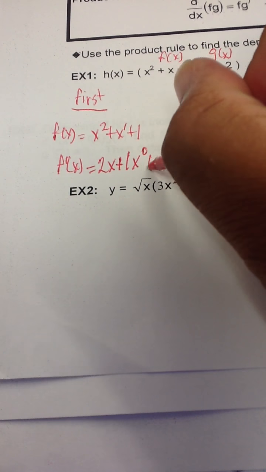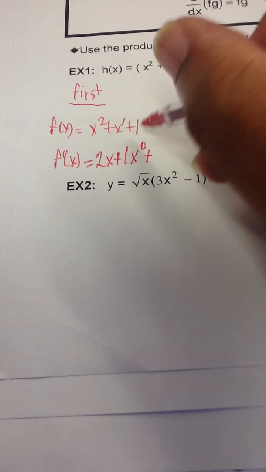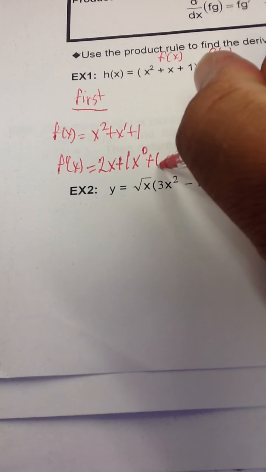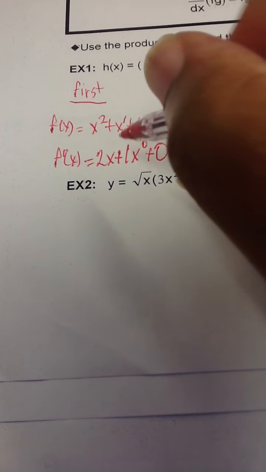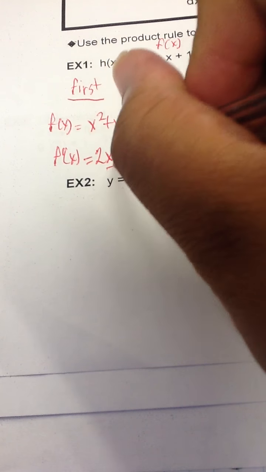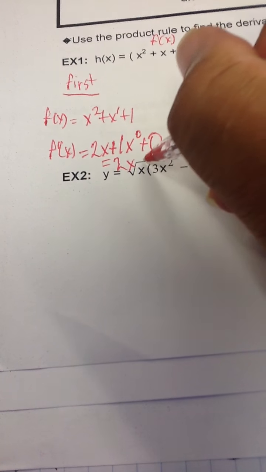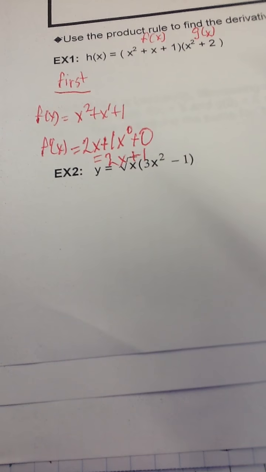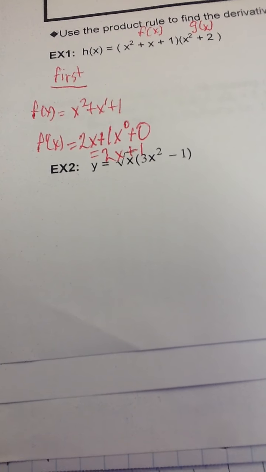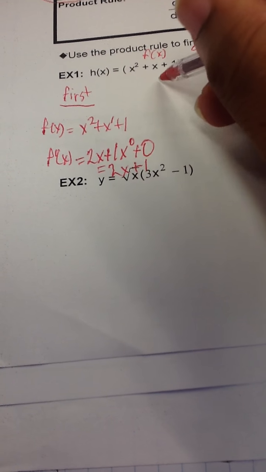Remember that. Plus the derivative of a constant 1, we know the derivative of any constant is 0. So if I simplify that, that's going to be 2x plus 1. So that's f prime of x. So that's my first one.